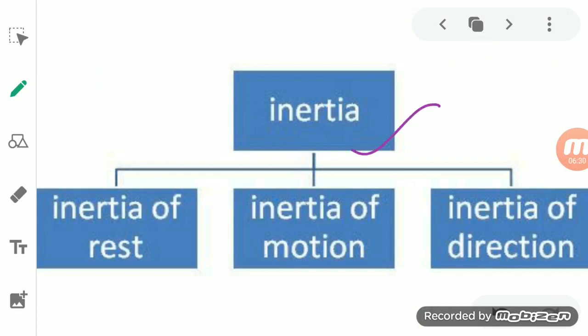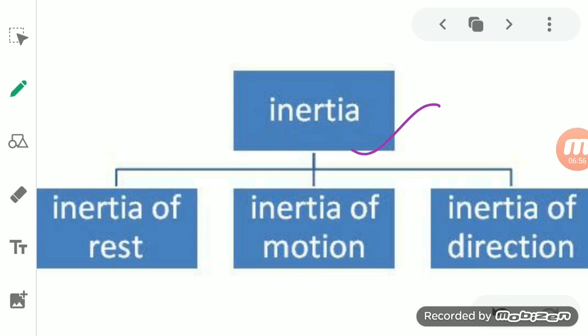So what is inertia? It is the tendency of an object not to change its state of rest or its state of motion. Basically, if an object does not want to change its state, it is because of inertia.